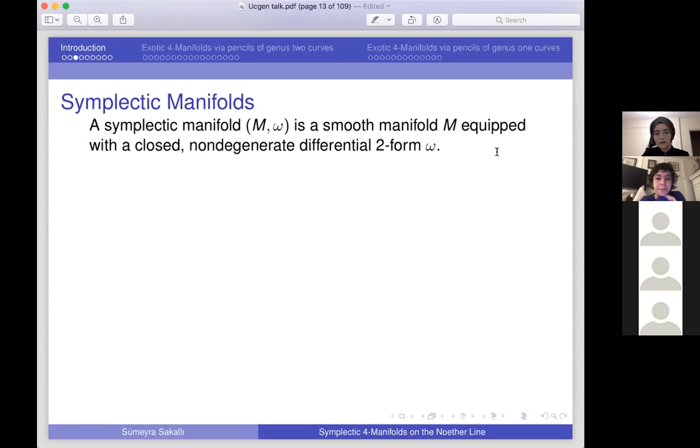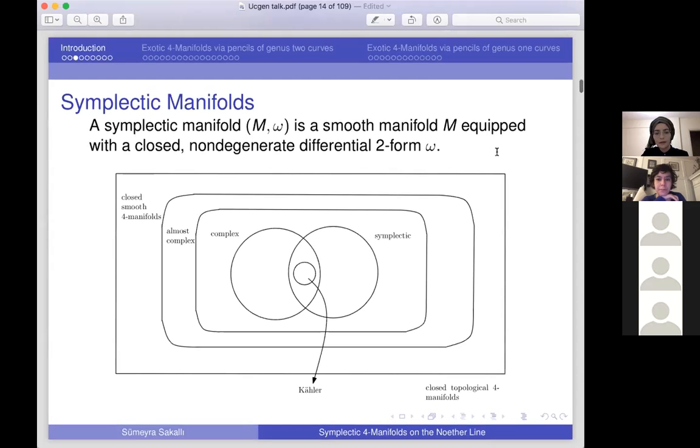Let's go back to dimension 4 again. We have a nice diagram that shows the relationship between different structures. Let's consider this outermost space as the world of closed topological 4-manifolds. Inside it, we have a more restrictive, more special class: closed smooth 4-manifolds, this smaller region.